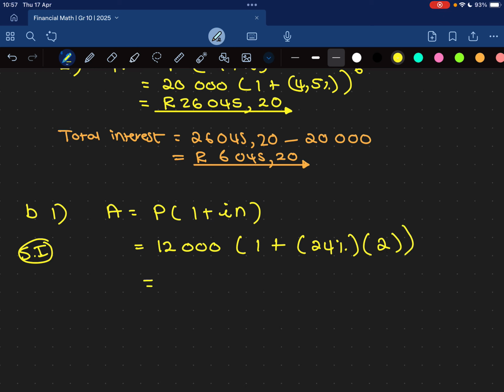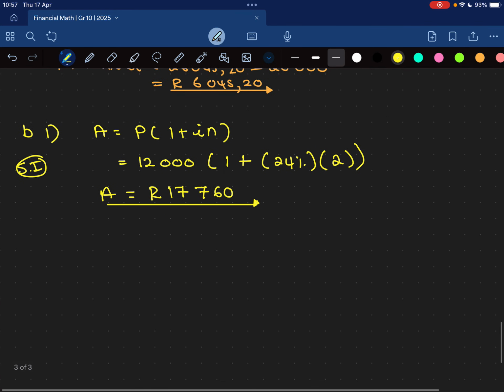Okay, so you put that whole thing in your calculator and you'll get the A value to be equal to 17,760 Rand.